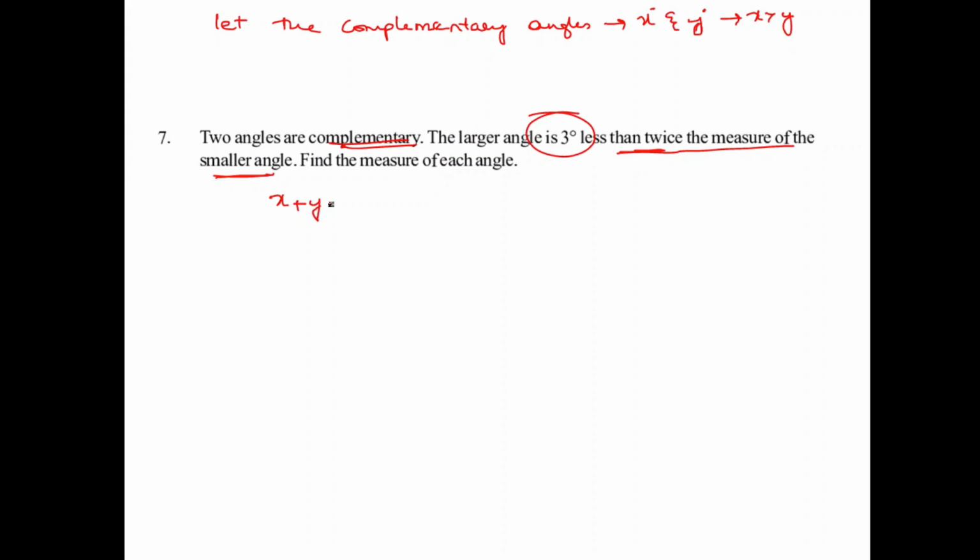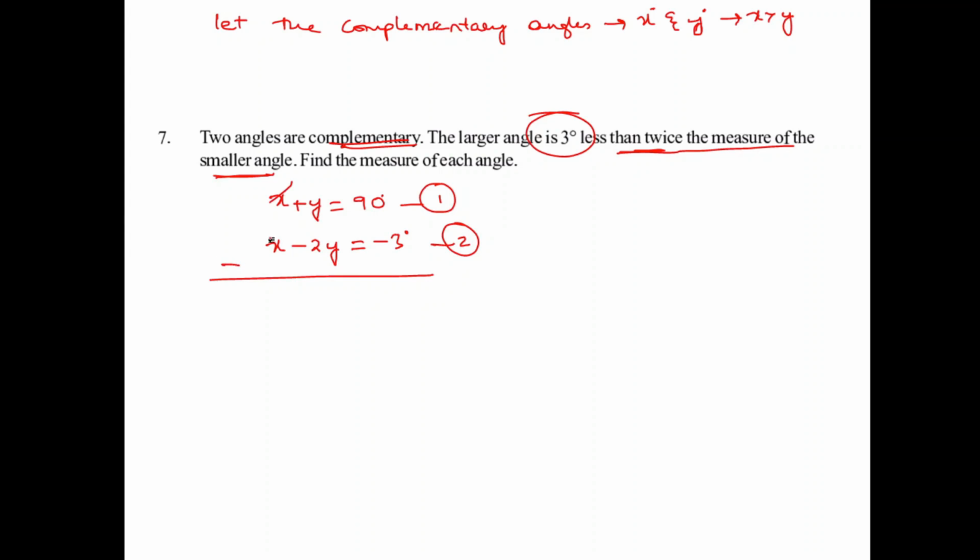Complementary angles always come in a pair, and their sum is 90. This is the first equation. By the second statement, one angle is twice the other angle minus 3 degrees. This should be your second equation.